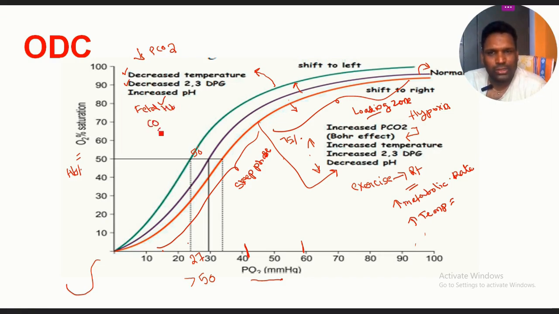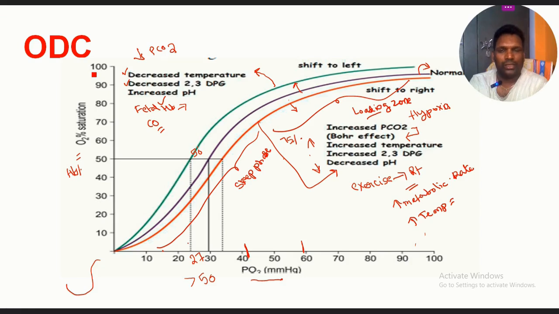Now, some of the factors where the curve is shifting towards left: you can see decreased PCO2, almost the reverse changes to the shifting of the right. Next, an increase in the pH is another factor, a decrease in the temperature, a decrease in the 2,3-DPG.